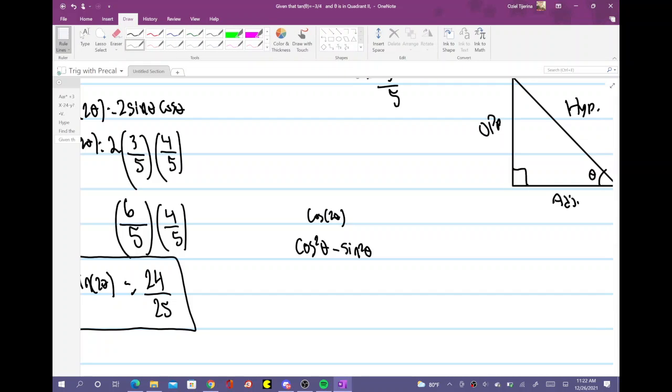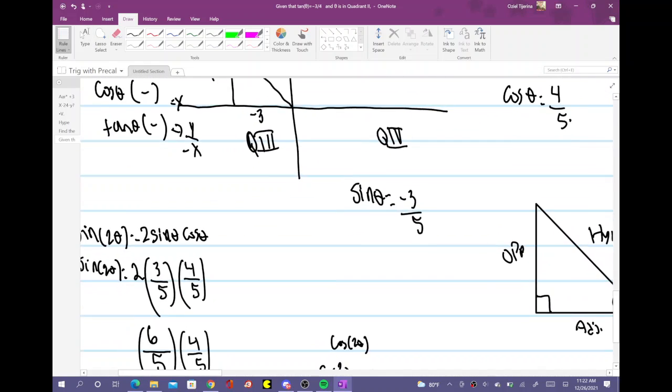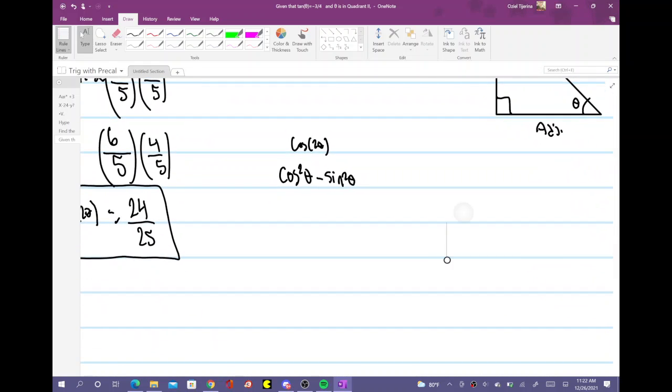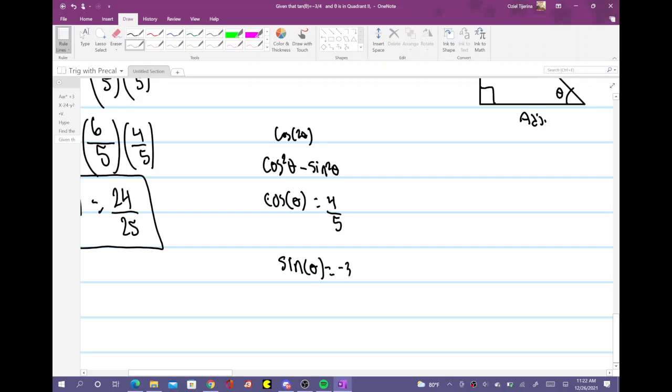We said cosine of theta was 4/5. So again, let me rewrite that. Cosine of theta is 4/5, and sine of theta is -3/5, right?